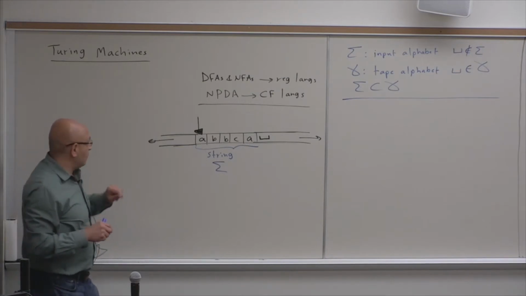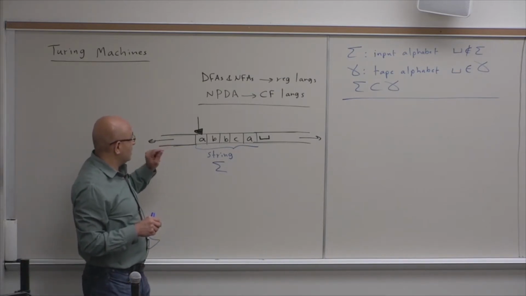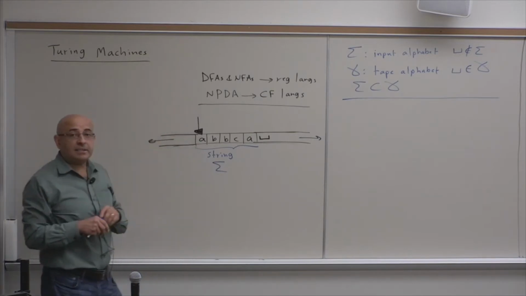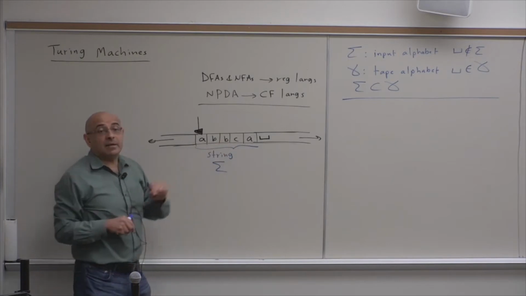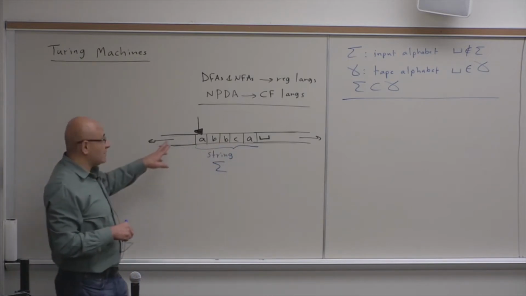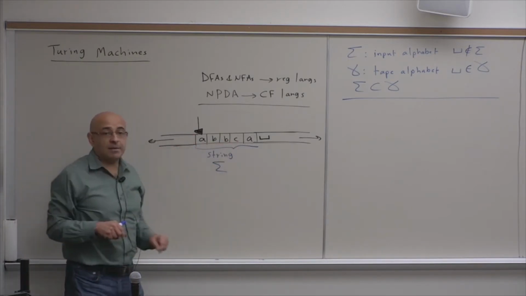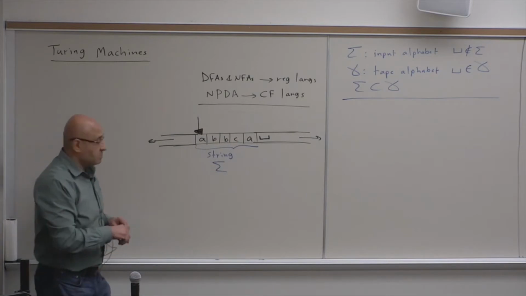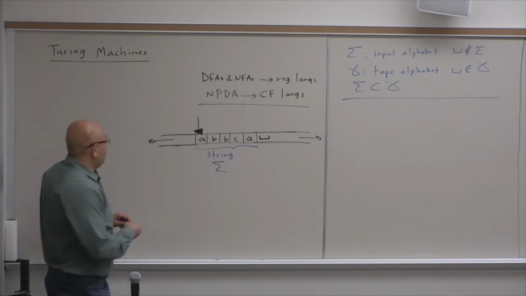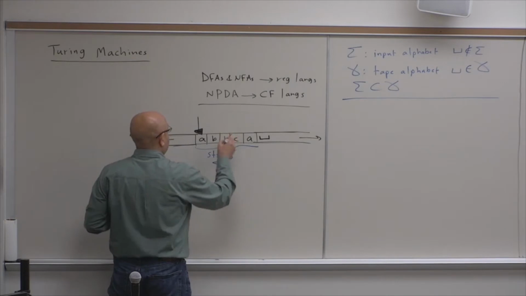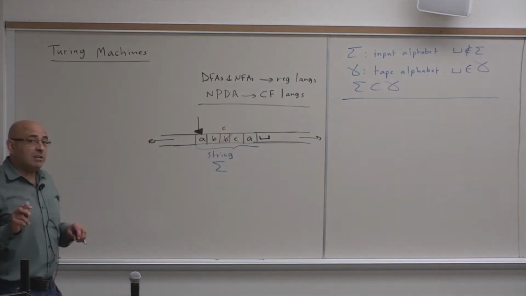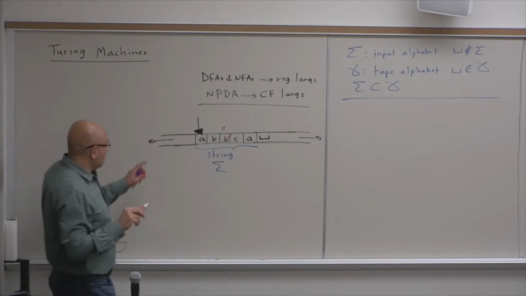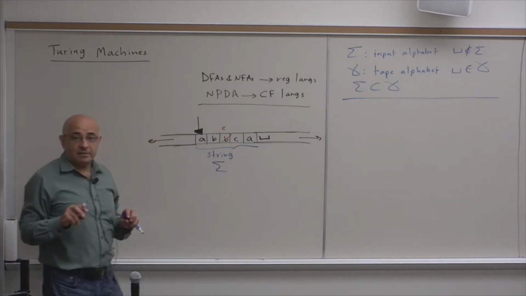What distinguishes a Turing machine from the less powerful automata is that it can read and write. It doesn't only read from the input, it can also write. So it can choose to replace this B with a C, for example. A Turing machine not only reads from the input, it can read and write.